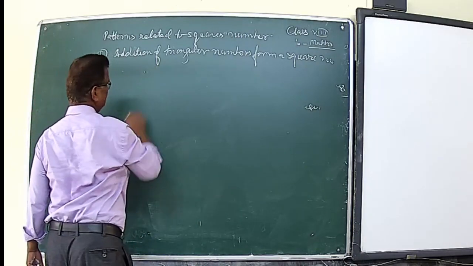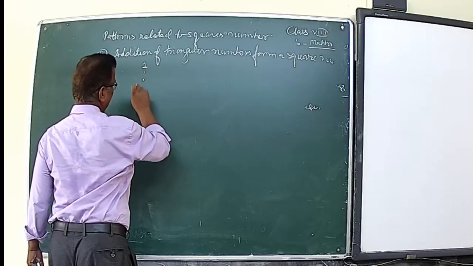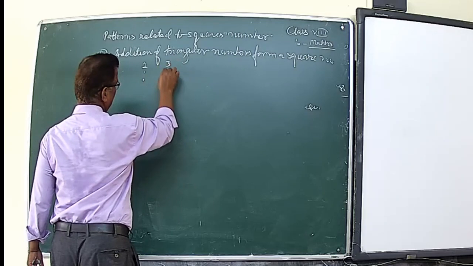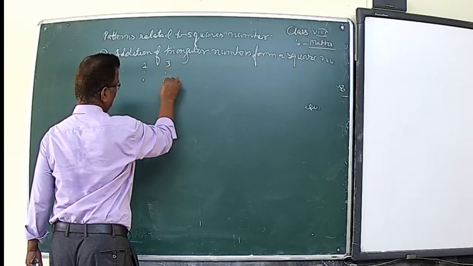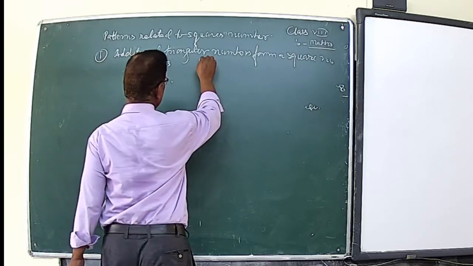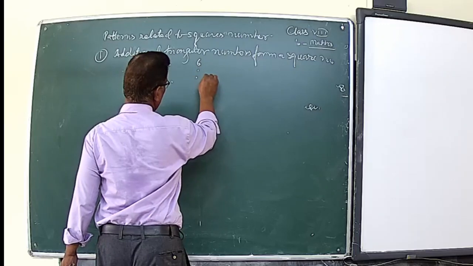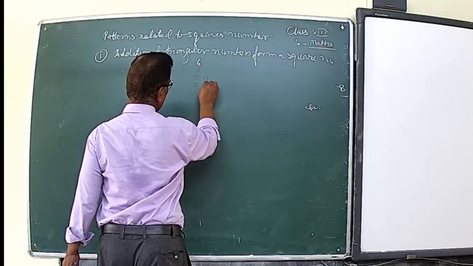Example: 1 is this type of triangle. Then 3: you can take 1 dot, 2 dots, 3 dots. This is the triangle shape. And then 6: 1, 2, 3 dots.